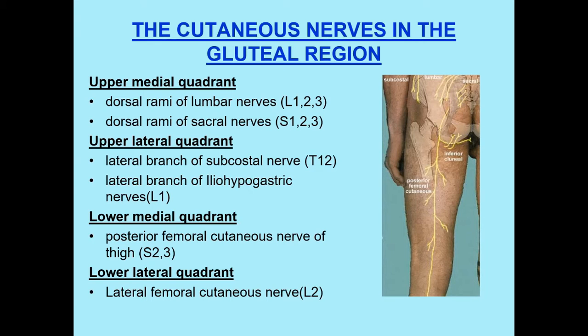Upper lateral quadrant is supplied by lateral branch of subcostal nerve T12, lateral branch of iliohypogastric nerves L1. Now lower medial quadrant is supplied by posterior femoral cutaneous nerve of thigh S2, 3. Lower lateral quadrant is supplied by lateral femoral cutaneous nerve, root value is from L2.